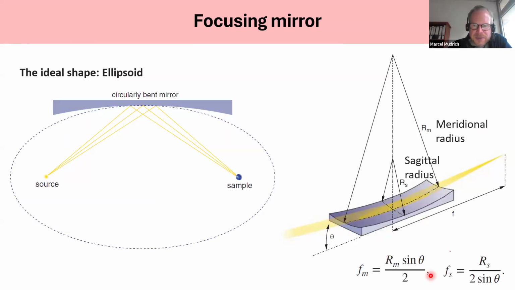It's nice to have such a curved mirror to focus the beam, but oftentimes you would like to have some flexibility. Ideally you would have the option to choose where exactly the focus is positioned. You would like to control the focal length of the mirror.